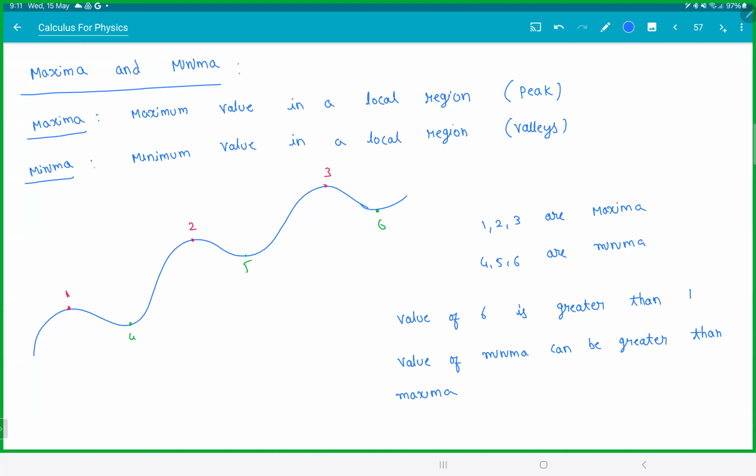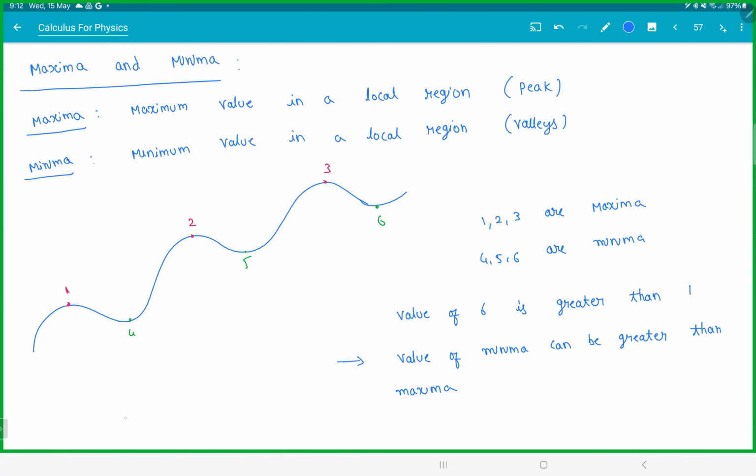So there's nothing like it's a maximum and minimum. But luckily, in physics, at least in 11th and 12th, we will not have this problem. Maxima means maxima, minima means minima. This is the actual definition, though. In our course, generally, maxima is maximum, minima is minimum, which is not true.